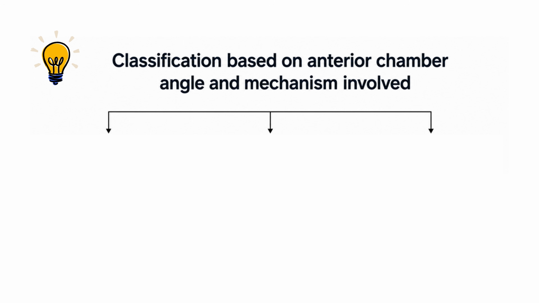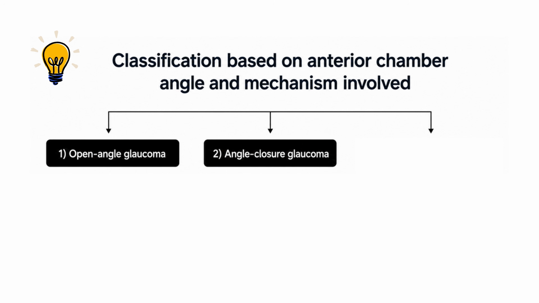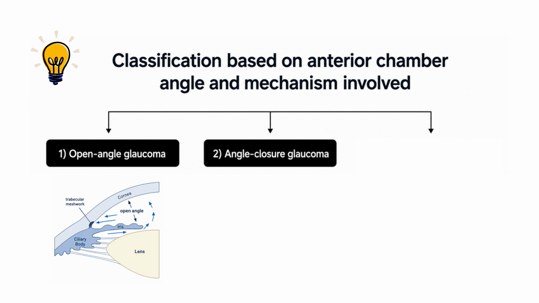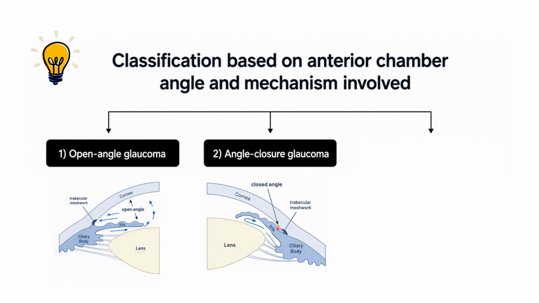This gives us the broad categories of open angle glaucoma and angle closure glaucoma. Open angle glaucoma develops in an eye in which the angle remains open on gonioscopic examination. Angle closure glaucoma occurs when the angle is narrow or closed, affecting access to the trabecular meshwork and altering the mechanism of pressure elevation.